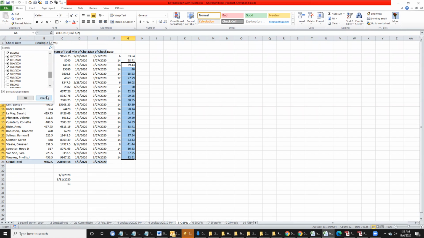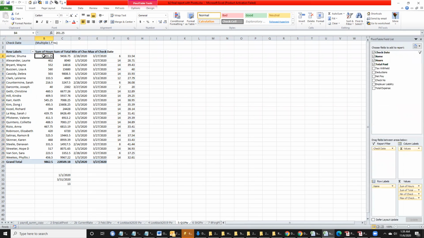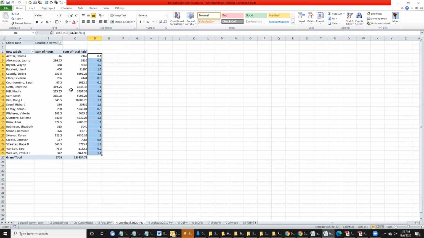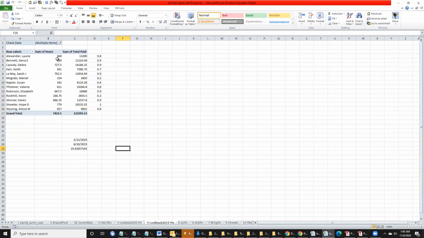Anybody who's in that, we have how many worked for the company in those dates, how many hours did they work, and how much money did they receive. In the February 15th period, how many hours did they work and how much did they get paid. Look back 2020 period, how many hours did they work, how much money did they receive. 2019 period, how many hours did they work.